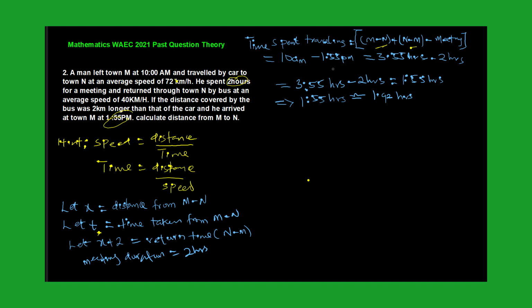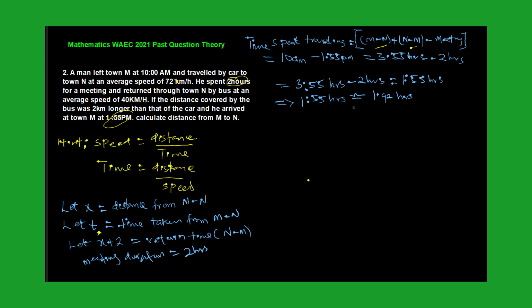It will be 3 hours 55 minutes. Now we have to remove the hours for the meeting for us to know the actual time spent traveling. So 3 hours 55 minutes minus 2 hours will give us 1 hour 55 minutes. This 1 hour 55 minutes represents the total time spent traveling, excluding the meeting duration.